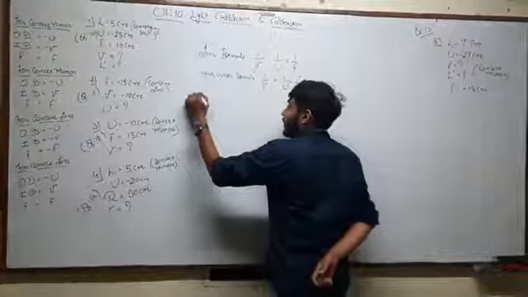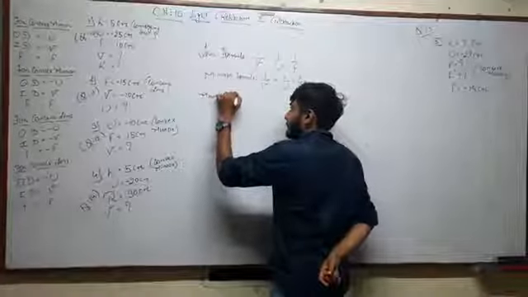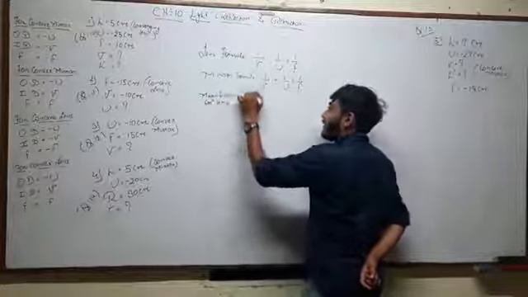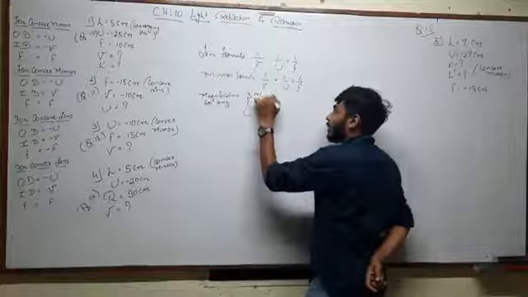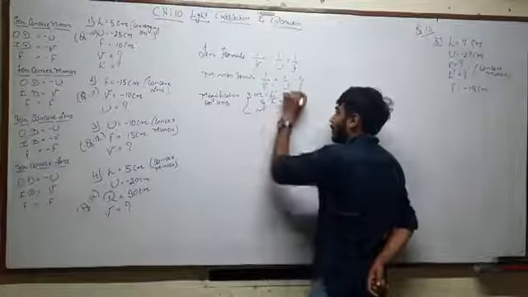The magnification for lens was something like m is equal to h prime upon h and m is equal to v upon u.